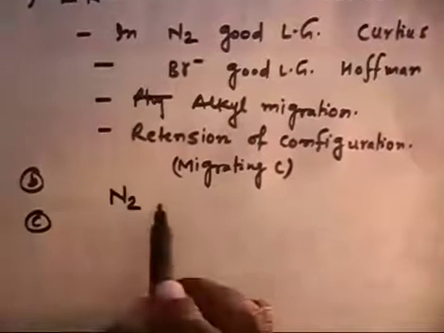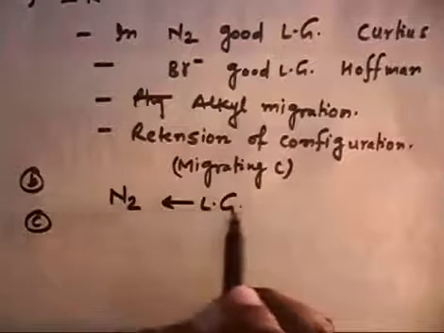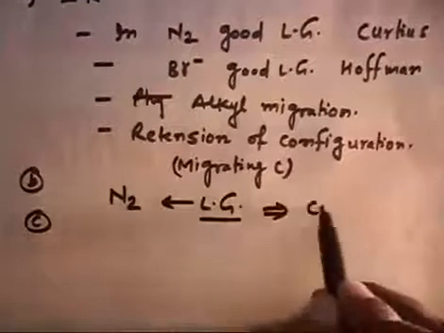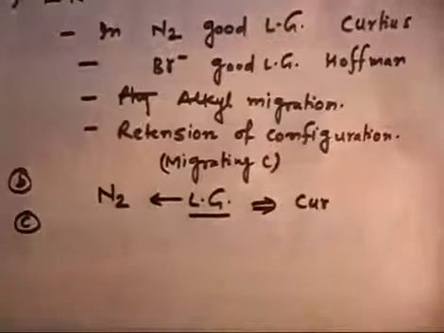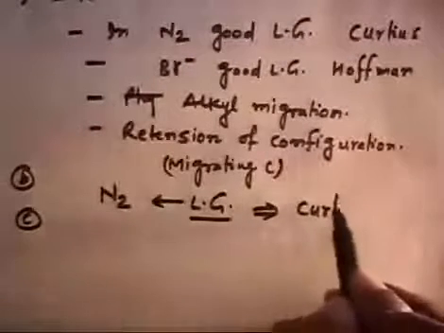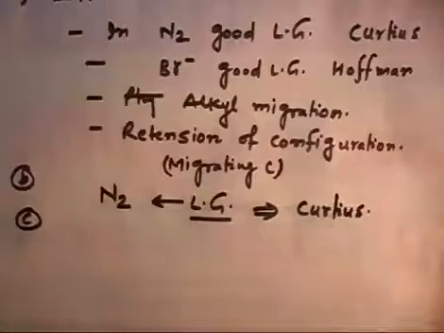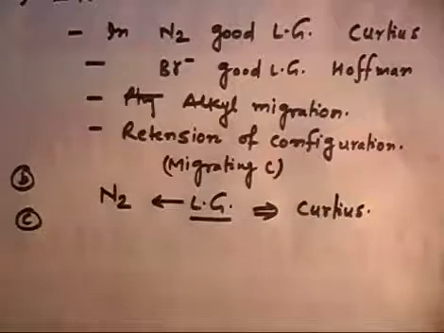Part C, so this is the good leaving group in Curtius rearrangement. The question is asking, what is the leaving group in Curtius rearrangement? So N2 is the leaving group. Propose a mechanism for the following reaction.